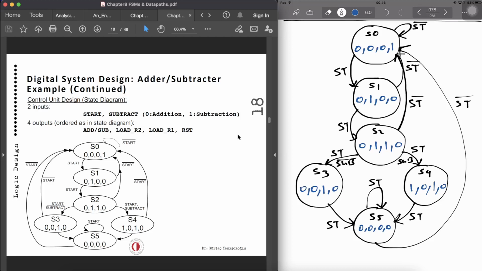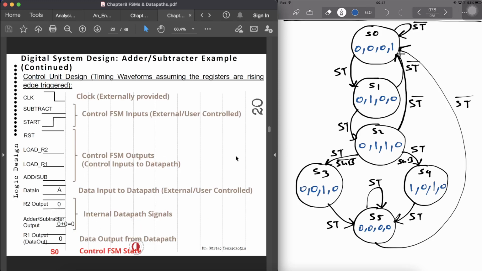Now we have seen how we can derive the state diagram from the operations. Now let's see how the digital system, the examples that we have done, can be demonstrated through the timing waveforms. Now we have got all the inputs and the outputs over here.